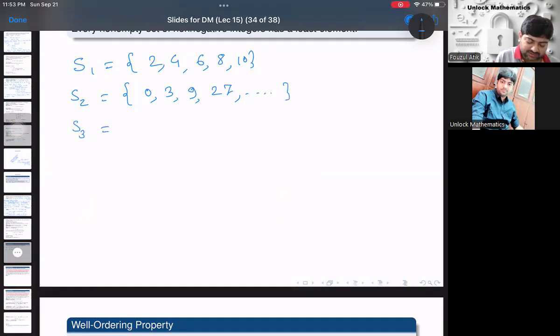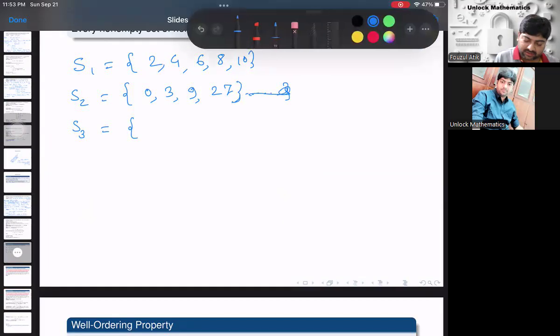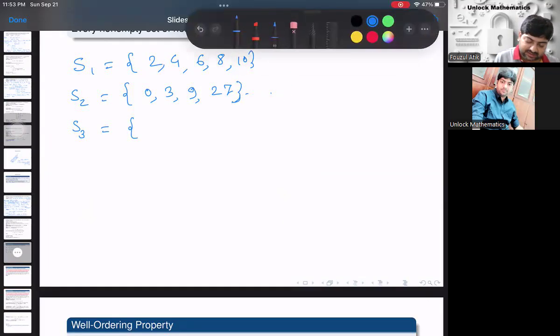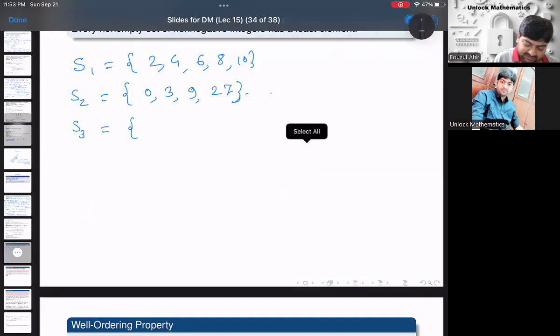Then I am taking S3 is equal to some integers maybe. Okay, this set is finite only. Let us take it as a finite set. And then I will take some infinite set, maybe 0, 1, 2, 3, and so on.